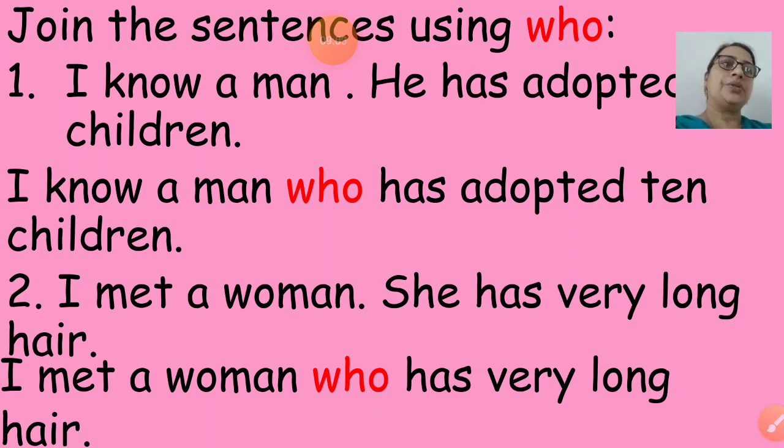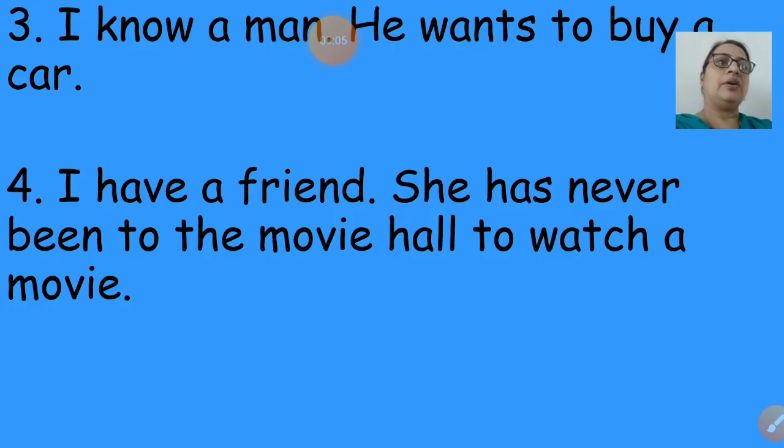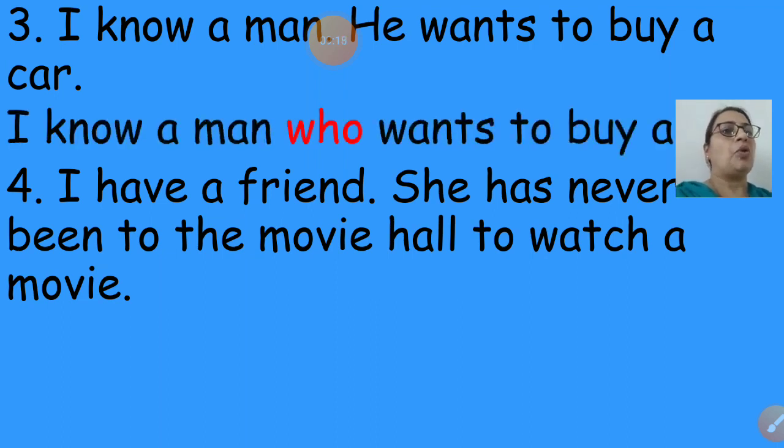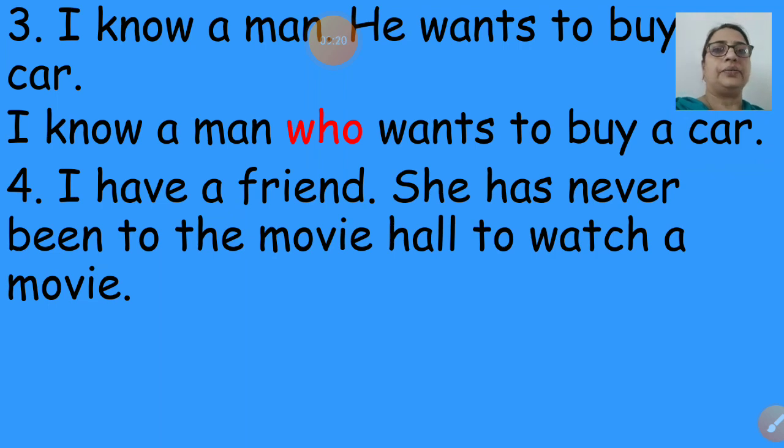This way we are going to write the answers of these questions. Third sentence. I know a man, he wants to buy a car. So our answer will be, I know a man who wants to buy a car. Fourth sentence. I have a friend, she has never been to the movie hall to watch a movie.